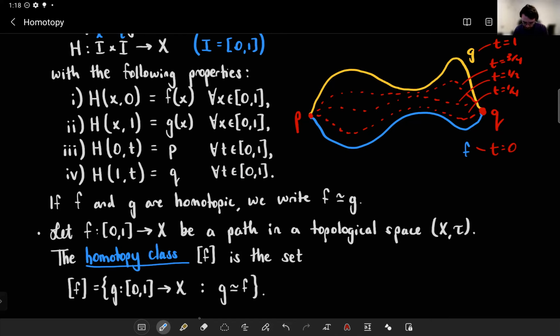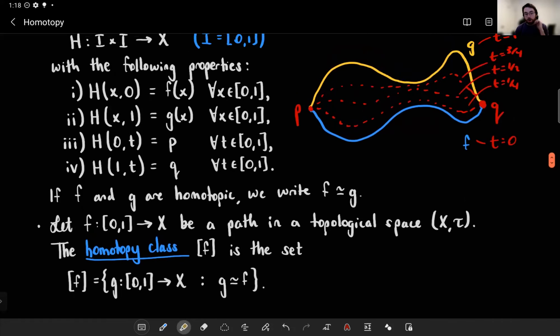So if two paths, F and G, are homotopic in your topological space, then they belong to the same homotopy class. The homotopy class of F is written like you would write an equivalence class. It's the set of all things that are equivalent to it. In this case, equivalent meaning homotopic.